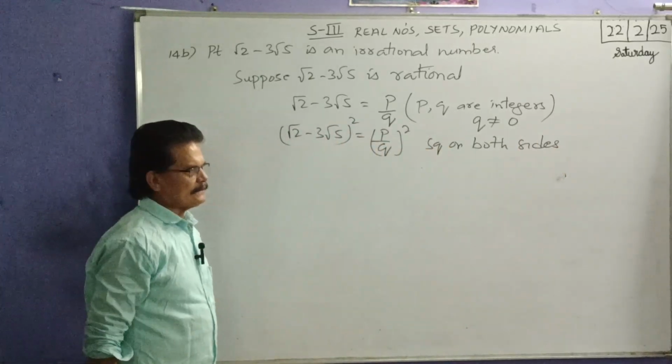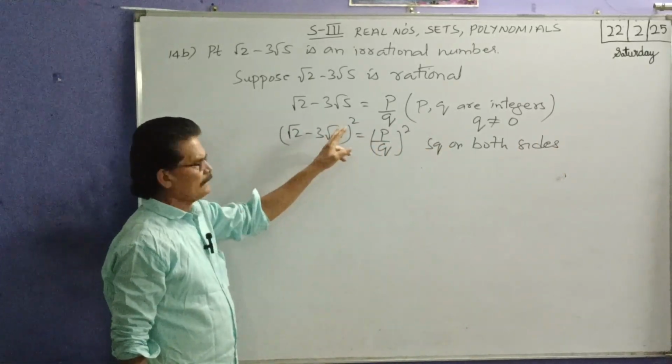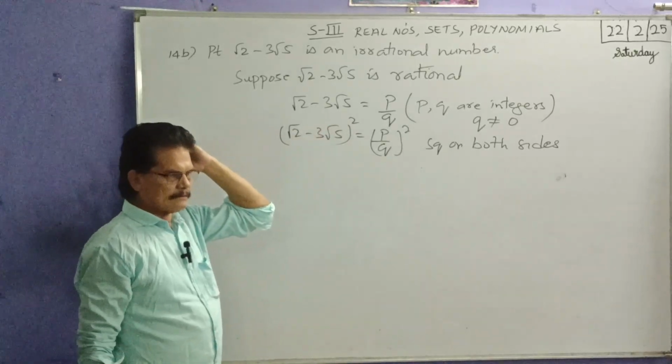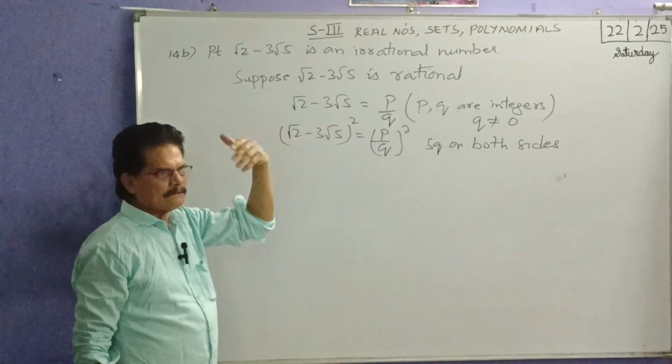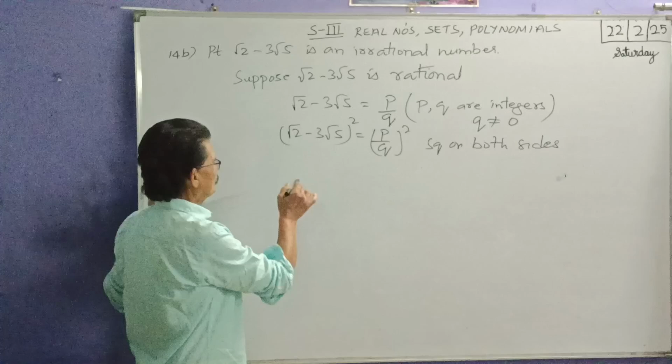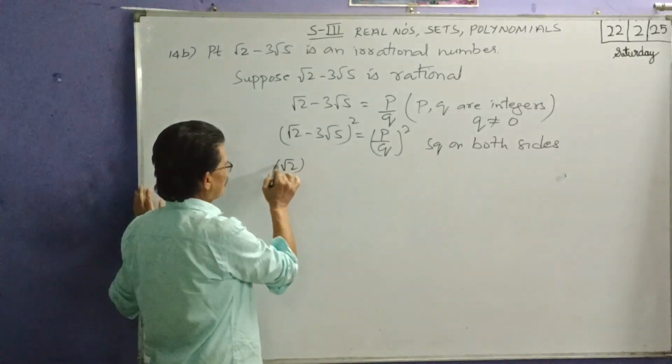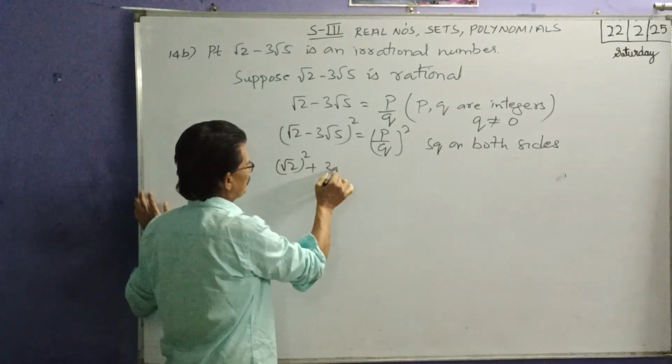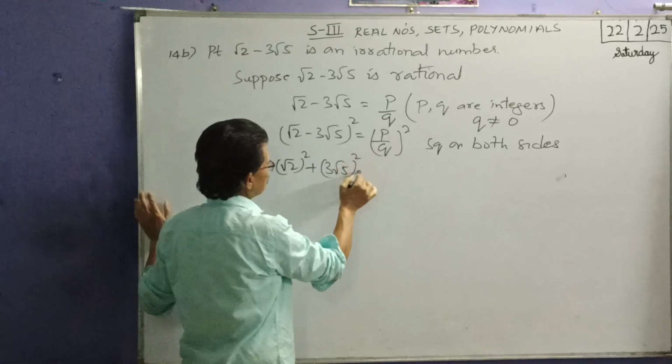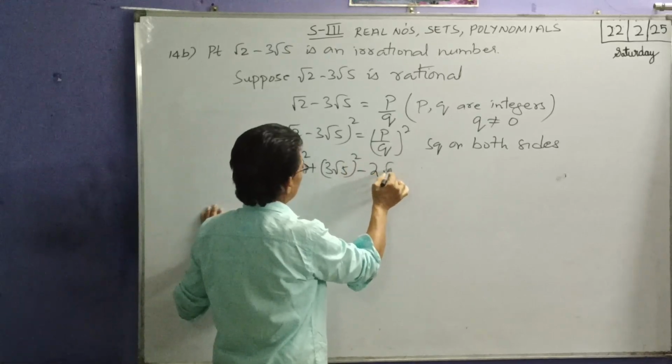And now you know that a minus b whole square. The left hand side is in the form a minus b whole square. So a square plus b square minus 2ab.